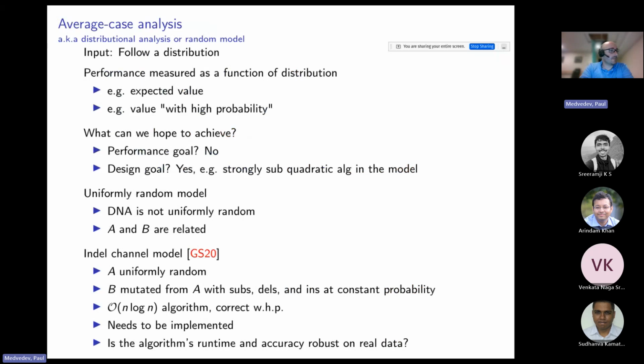The flip side of that is something called average case analysis, or distributional analysis, or random model. Here you assume that you're drawing the input from some underlying distribution, and then you measure the performance of your algorithm as a function of that distribution. For example, the expected running time, or the running time is n log n with high probability over this distribution, or it's n log n always, but it's correct with high probability over the distribution.